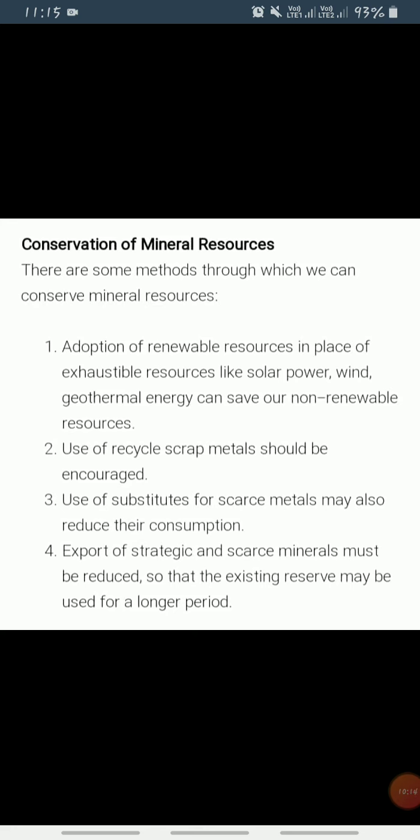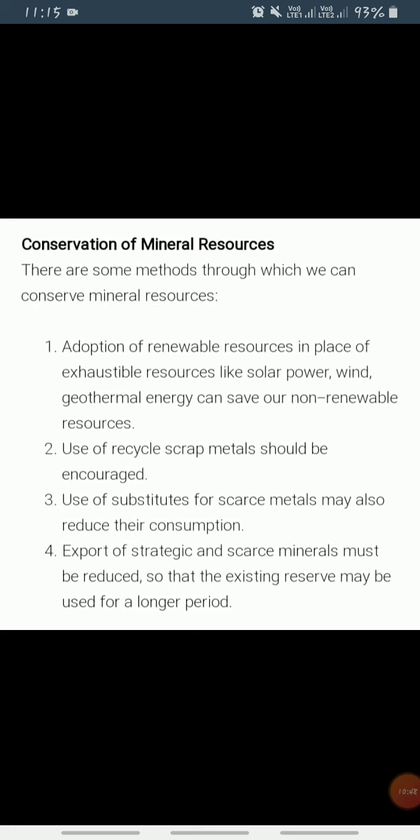Clear? And how will we conserve it? For this, the alternative energy resources like solar power, wind, wave and geothermal energy are inexhaustible resources. So these should be developed to replace the exhaustible resources. In case of metallic minerals, use of scrap metals will enable recycling of metals.